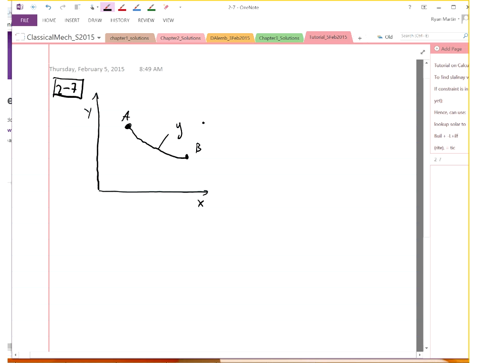So you know that it's a straight line, but prove it. So we want y of x that minimizes the distance from A to B.